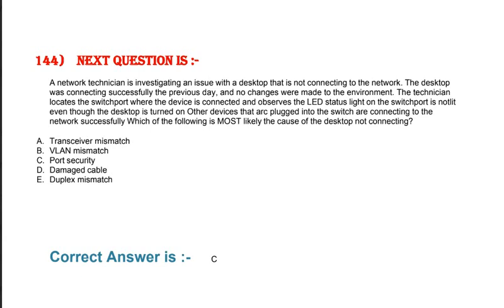Other devices that are plugged into the switch are connecting to the network successfully. Which of the following is most likely the cause of the desktop not connecting? Option A, transceiver mismatch. Option B, VLAN mismatch. Option C, port security. Option D, damaged cable. Option E, duplex mismatch. Correct answer is option C.